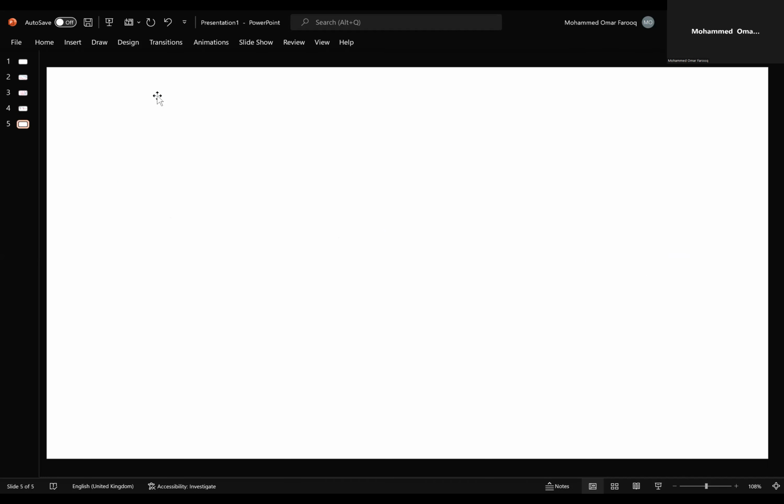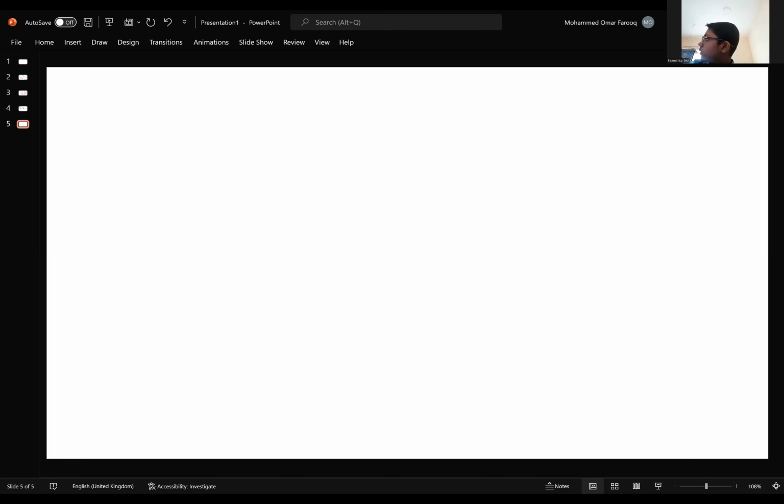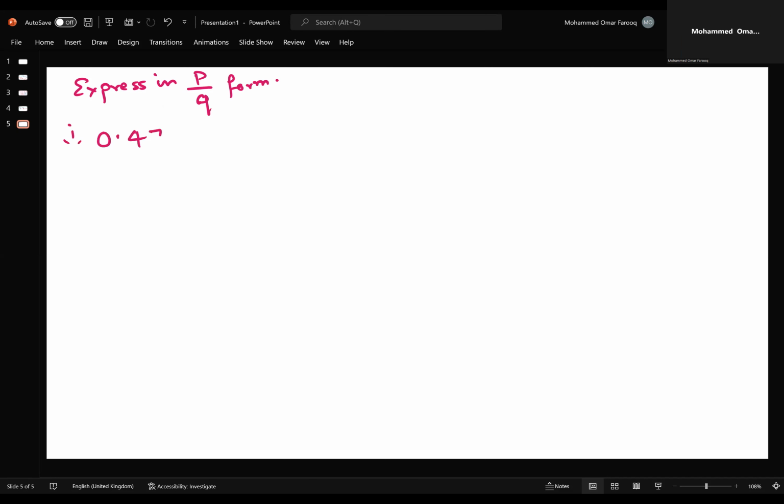The next concept is changing the given number into p by q form. For example, express 0.47 bar in p by q form, where the bar is above 4 and 7.